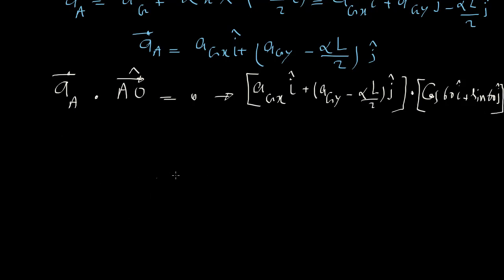Okay, so let's do this dot product. So we get A G X cosine 60, which is 1 over 2, times 1 over 2, plus A G Y minus alpha L over 2. So this is 1 over 2.